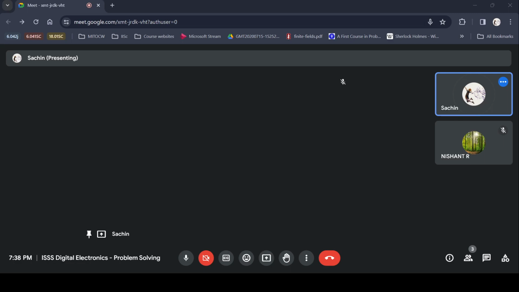In the remaining 15-20 minutes I'll go through the theory of that and the problems, and the remaining portion will start with logic gates, mostly logic gates and some combinational circuits in Saturday's class.